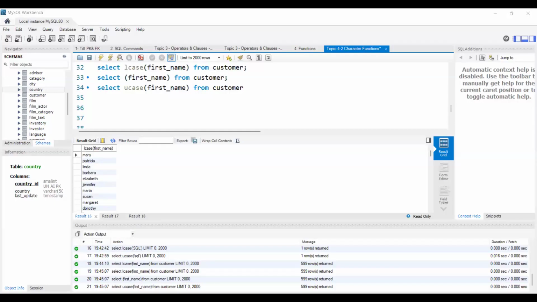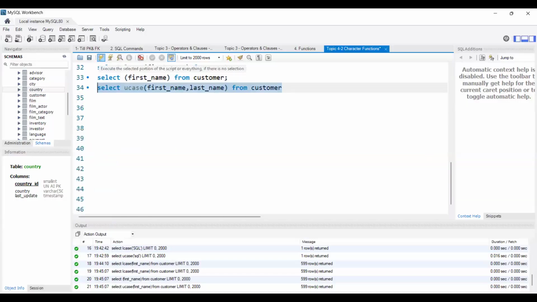Yeah, Divya, can we use two or more columns at a time in uppercase, like first name, comma, last name? Yes, of course. Let's try first whether it will work like that, or we need to use them separately.